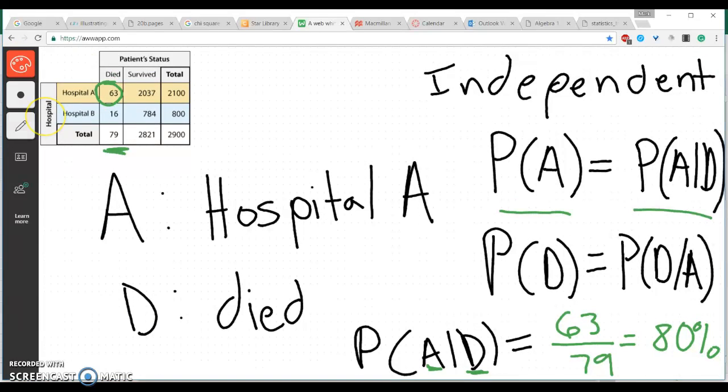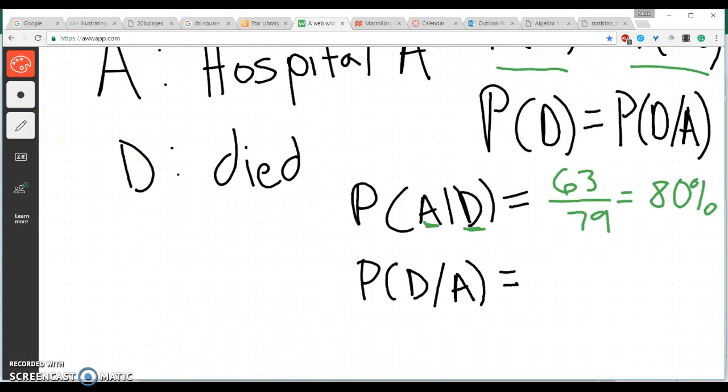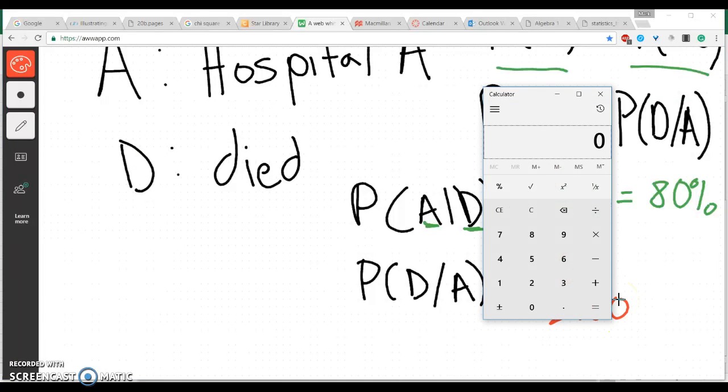So the people that were in hospital A was this amount right here, and 63 of them died. So that probability would be 63 over 2100, which would be about 3%.